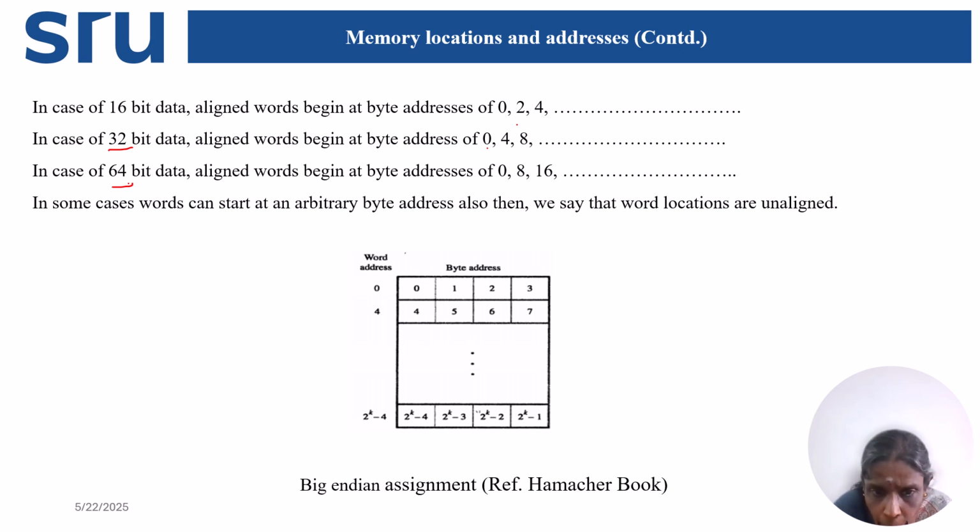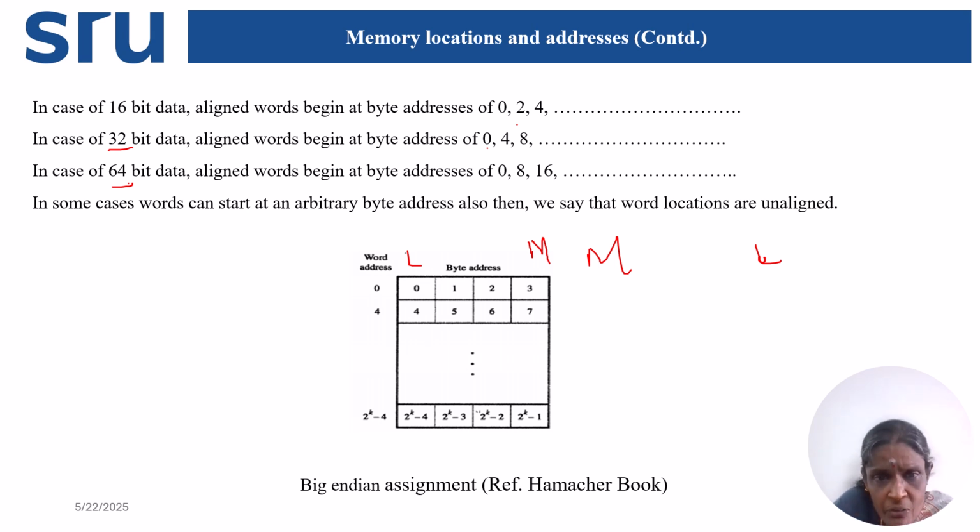So in this big endian assignment, they have given 0, 1, 2, 3, so the lower byte is in the first one. Normally we are using little endian assignment, where LSB is here, MSB here. But in big endian, it is the reverse. So that is the difference.